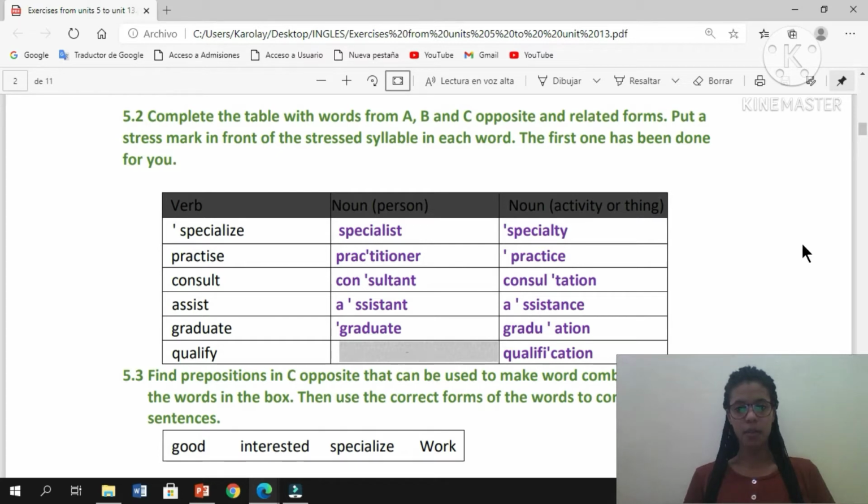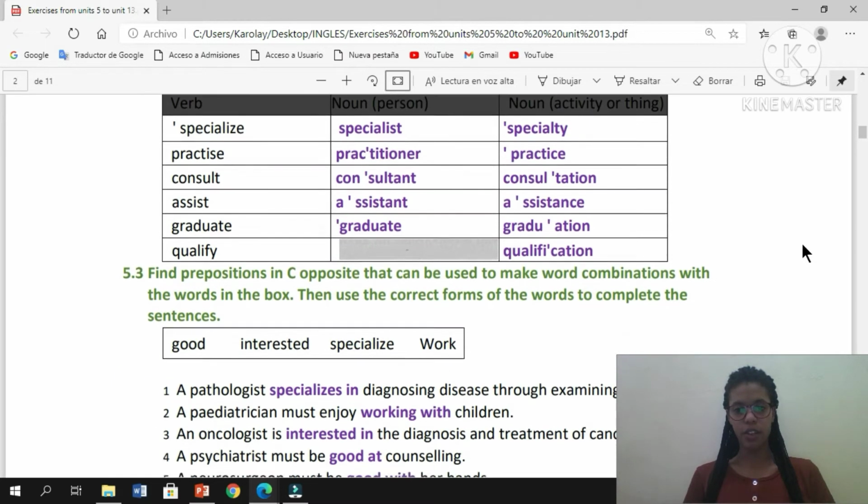Practice, practitioner, practice. Consult, consultant, consultation. Assist, assistant, assistance. Graduate, graduate, graduation. Qualify, qualification.